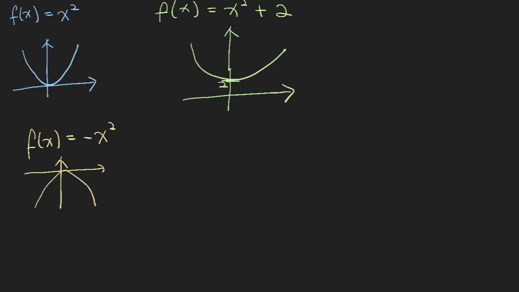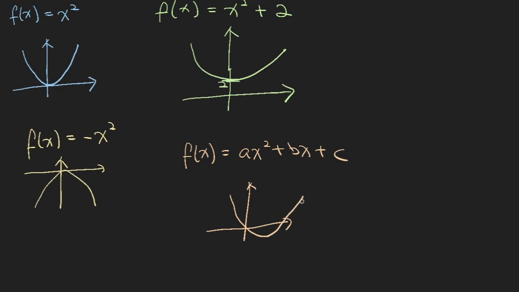So what do graphs of this form look like? ax squared plus bx plus c. Now, depending on the coefficients a, b, and c, your graph may look like this. So let's take a closer look.